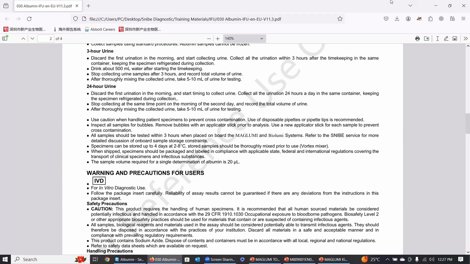But if you want to keep the samples beyond 4 days, no preservative is validated in our package inserts. For the best, you can either evaluate it, or follow the maximum 4 days stability of analytes at 2 to 8 degrees centigrade. That's the recommendation.